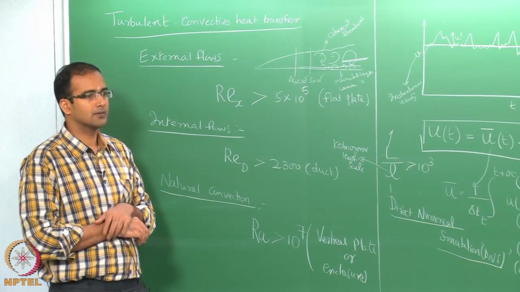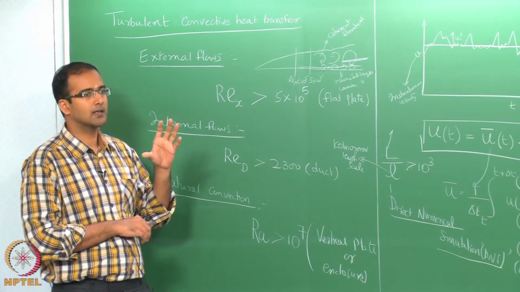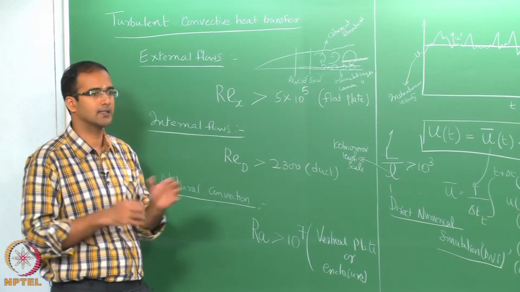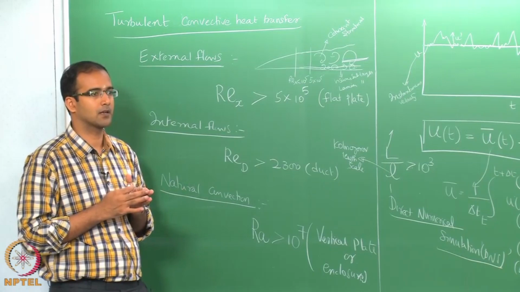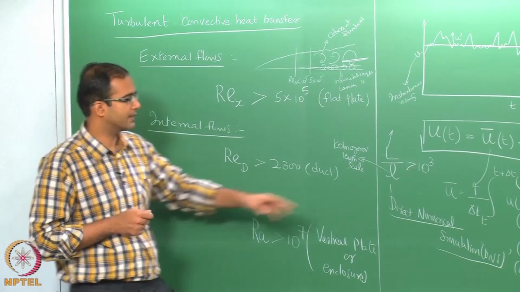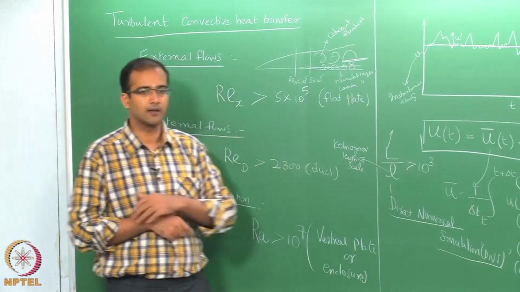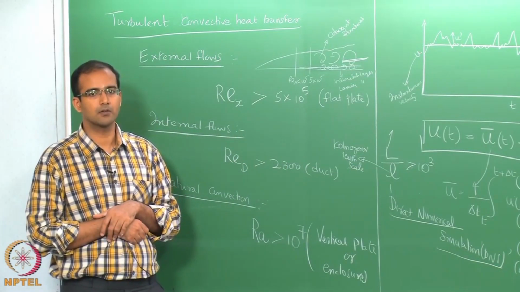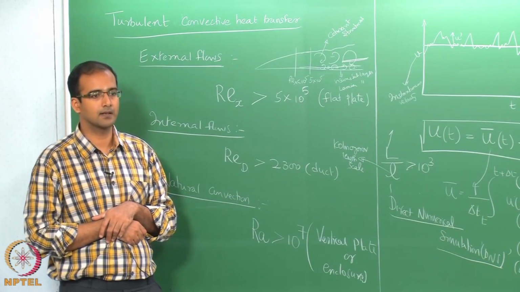So, generally when you do a DNS, you plot the energy spectrum and show that you have resolved all the energy scales of turbulence from the largest scale to the smallest scale, and the ratio of the largest to the smallest length scale can be at least 10 power 3.